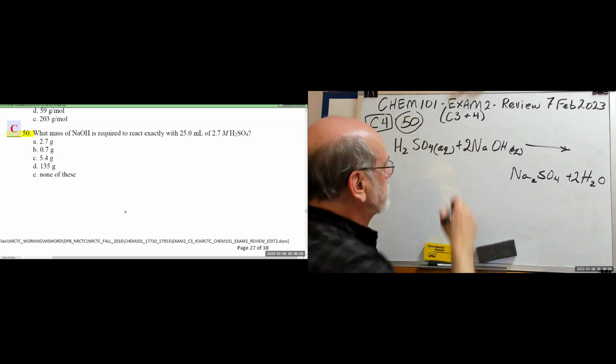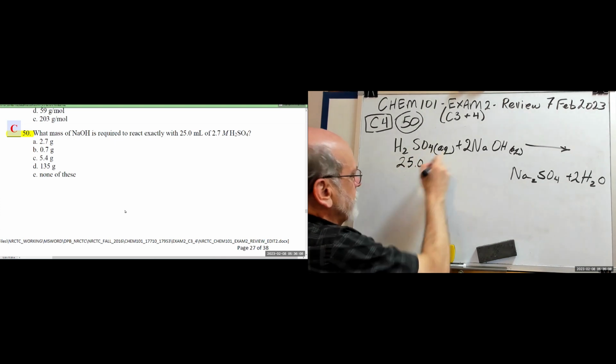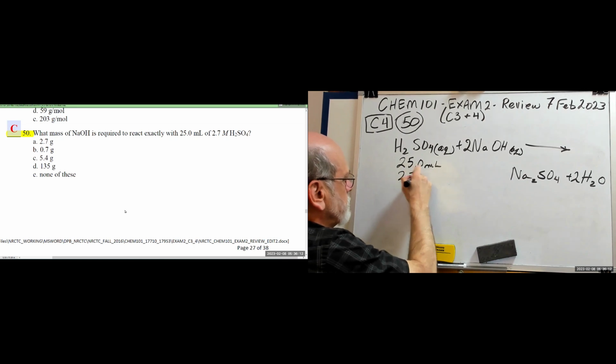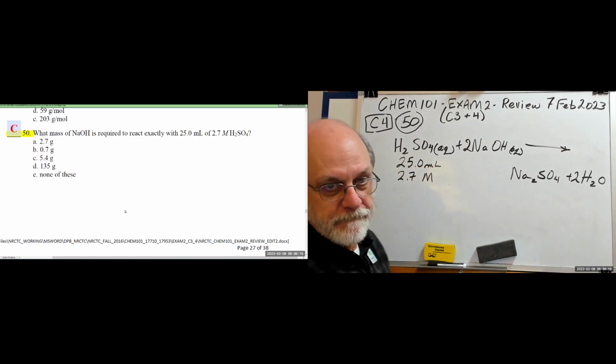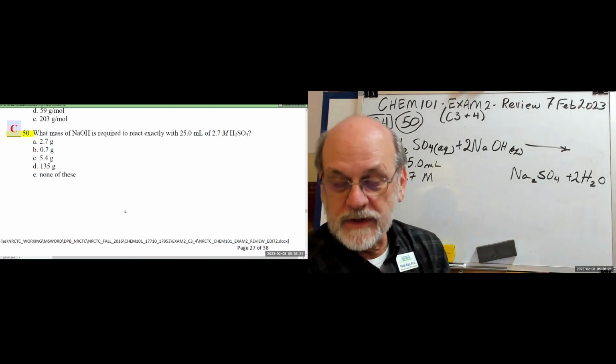25 milliliters of 2.7 molar. There we go. If we multiply these together, we're not going to get molar, we're going to get millimoles.